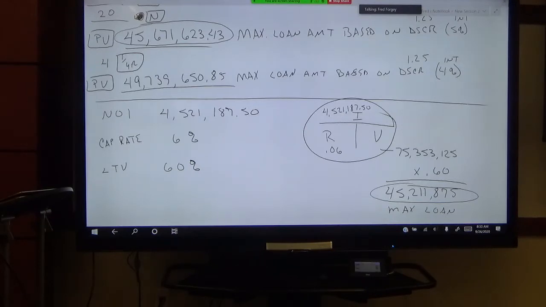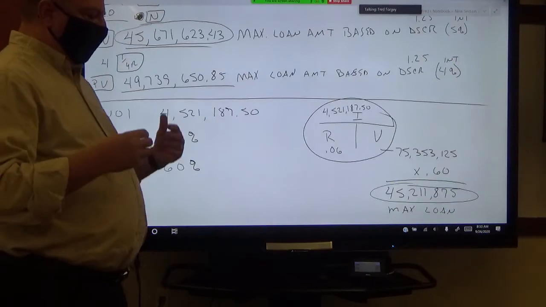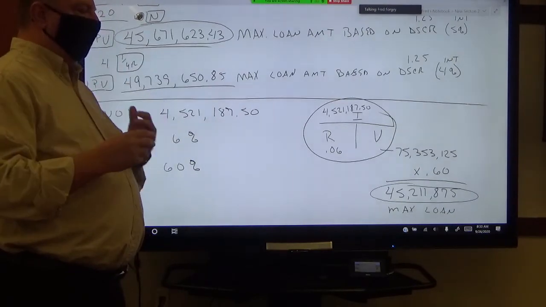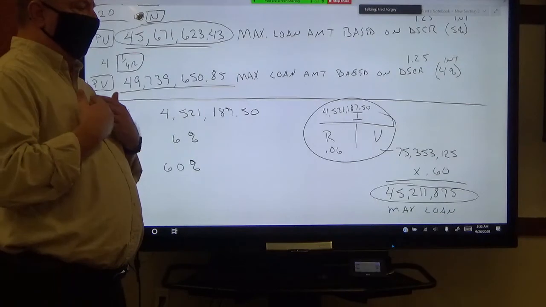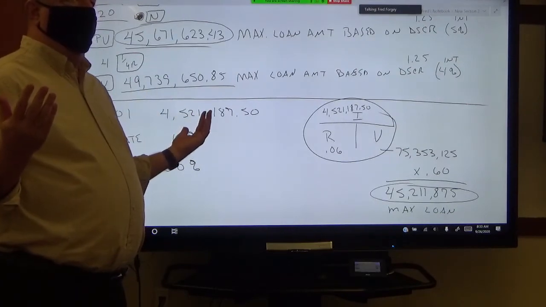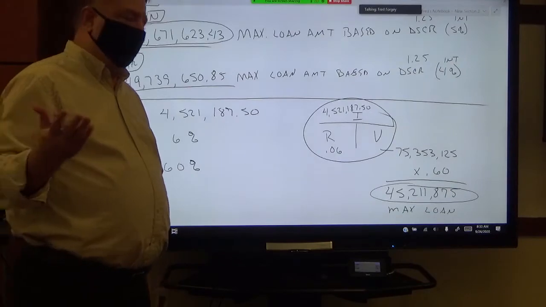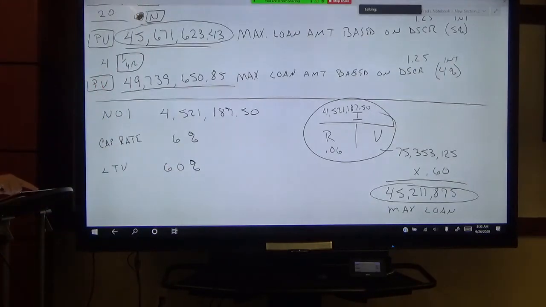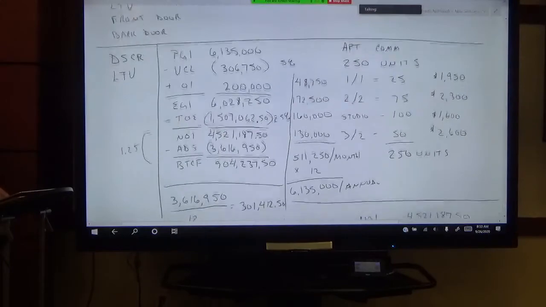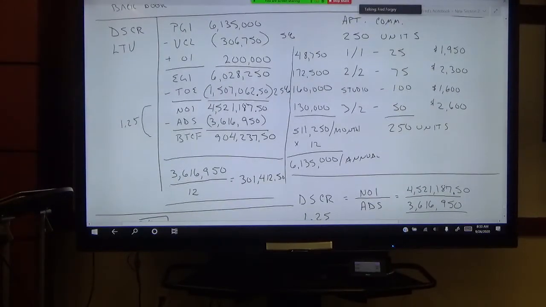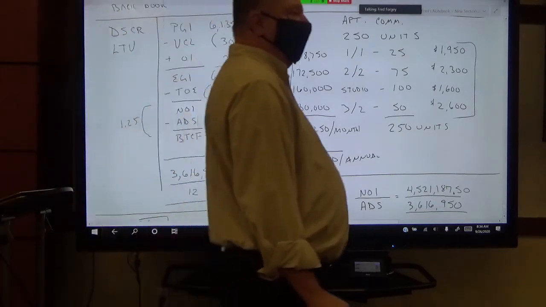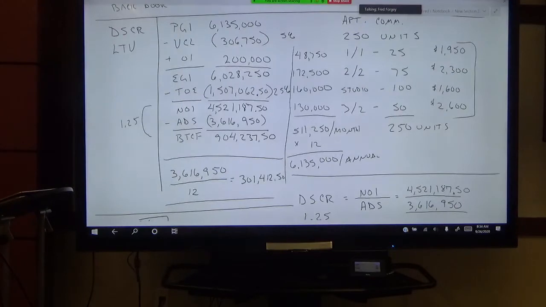So they are, in many instances, going to throw out things that maybe they feel are inflated. Like, for example, let's go back to our income numbers here. They could start ripping apart your rental rates if they feel, for whatever reason, they don't really fit that market, okay?